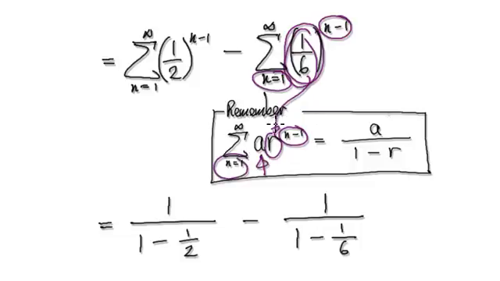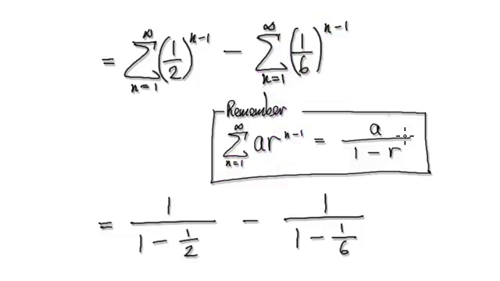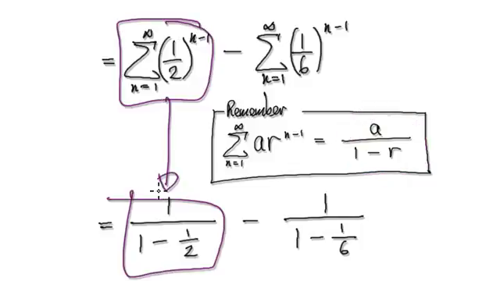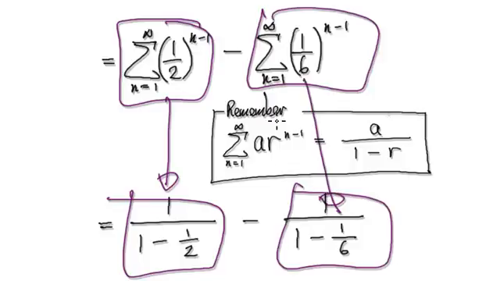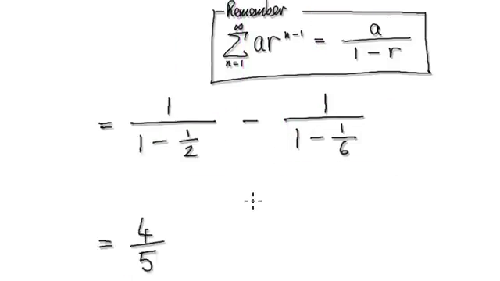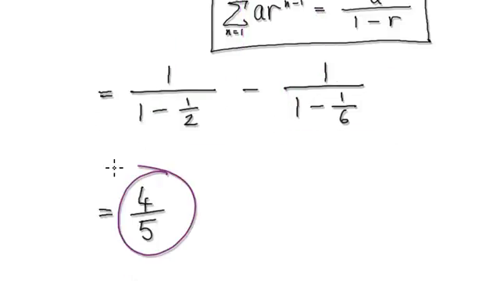A here is a constant, and in our case it happens to be 1, so we can simply apply this formula. Working this out will give you this whole thing here, and then you've got your takeaway. Overall, it will come to 4 over 5.